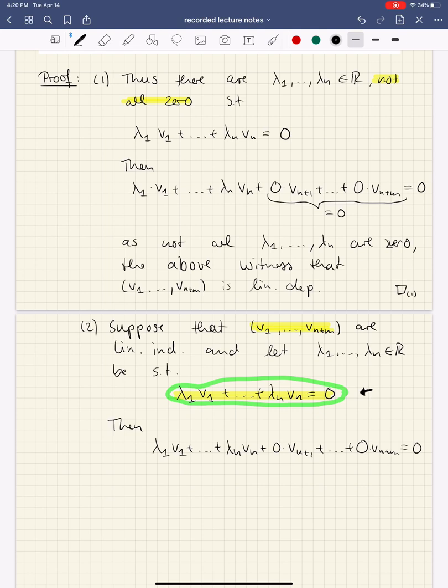But knowing that this longer tuple is linearly independent, we now know that all of them have to be 0.